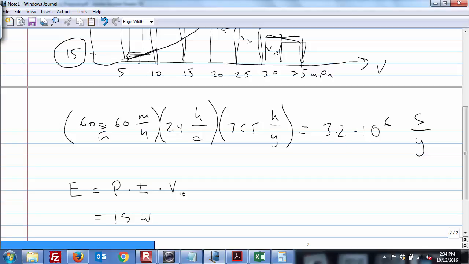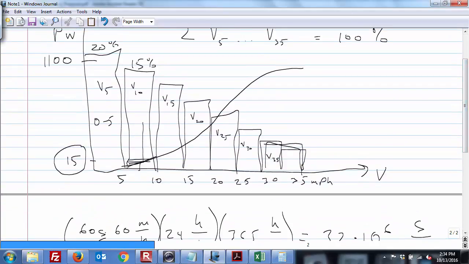What's the time? 32 times 10 to the 6th. What's the fraction? 15%.